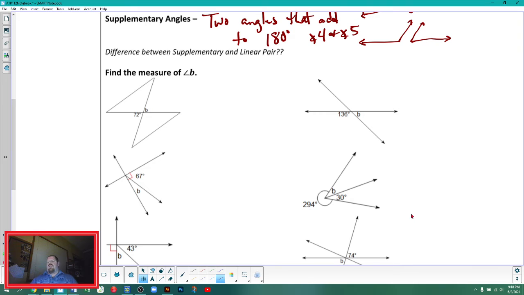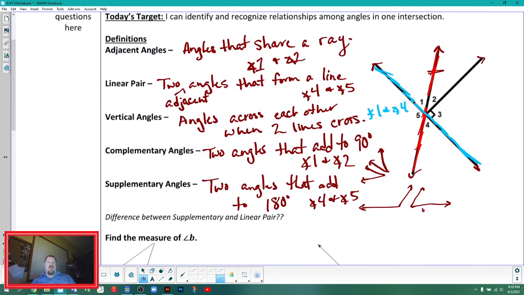So what we want to be able to do today is find measurements of angles. And so I'm actually going to go back through here and look at some special qualities of some of the angle pairs that we have. And so adjacent angles, there's really nothing special with that. They're just two angles that are side by side. That definition kind of sets up a lot of the other ones.